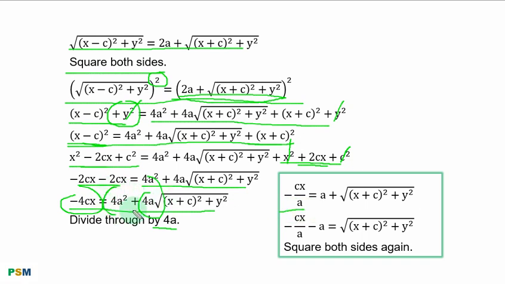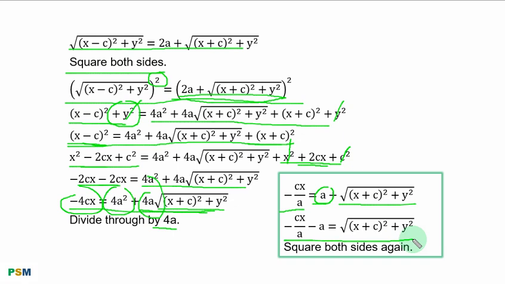Divide by 4a, you have a remaining plus. Divide by 4a, you have this term remaining in this form. Transfer plus a to the left hand side, you have it in this form.